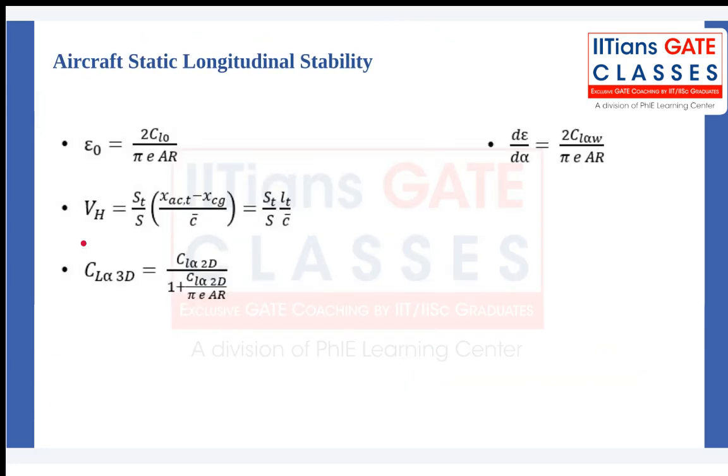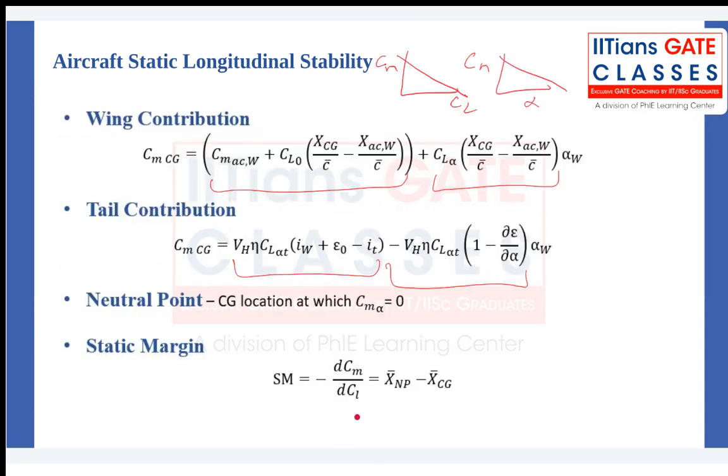This one, right? This one is what you're talking about. You mean flap effectiveness factor? We don't have any effectiveness parameter here. Why will the flap effectiveness factor come into this equation?